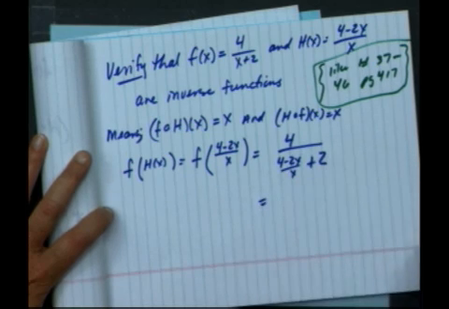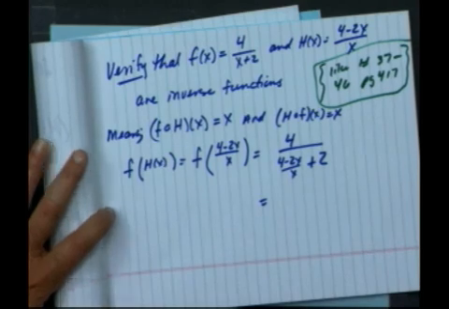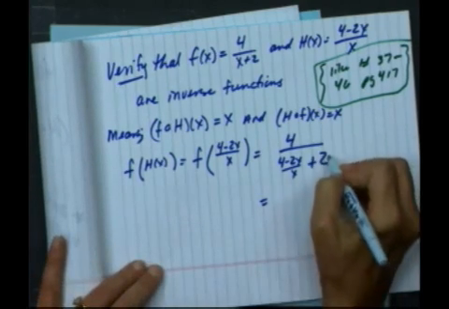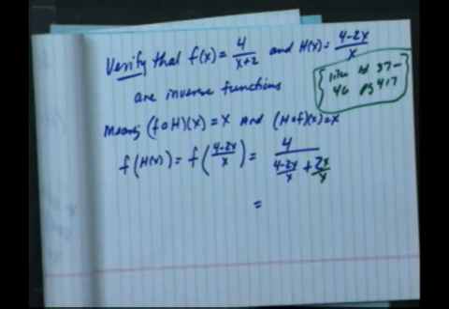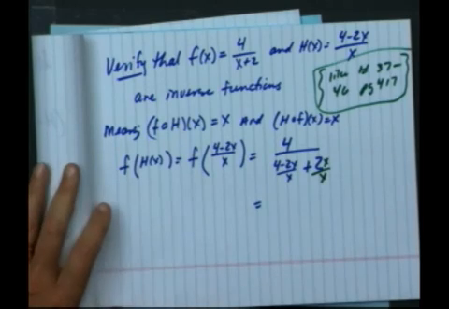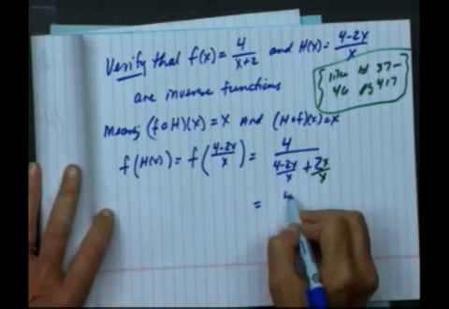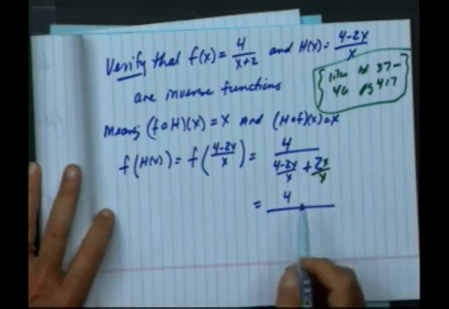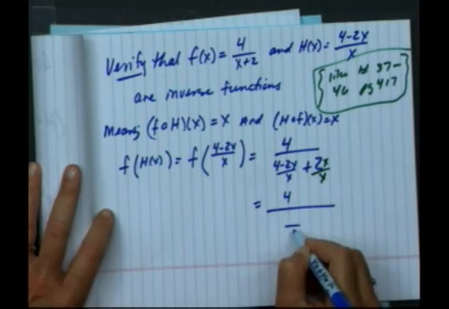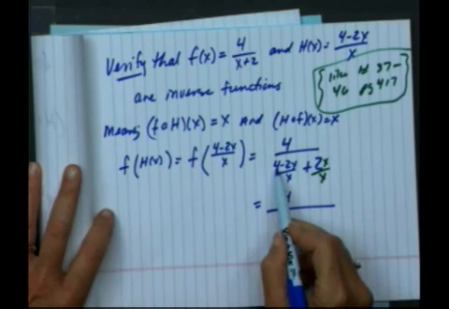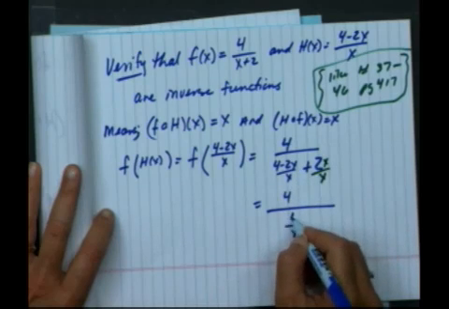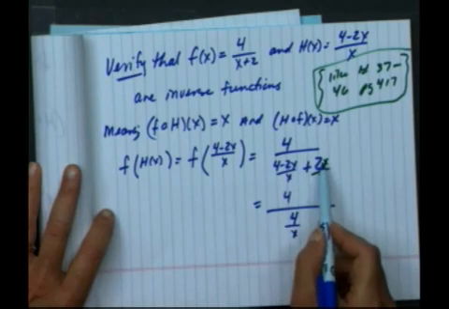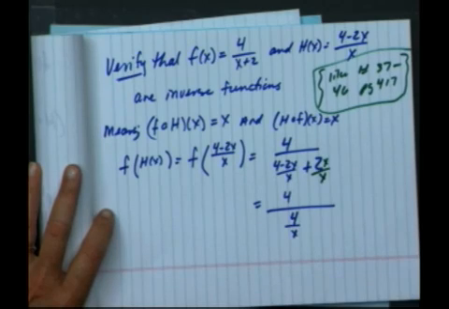We need to go to a common denominator down in the denominator, so this 2 needs to be 2x over x. So in the numerator I have 4, and the denominator is over x. I have 4 minus 2x plus 2x, which is 4, because the negative 2x plus 2x is 0.